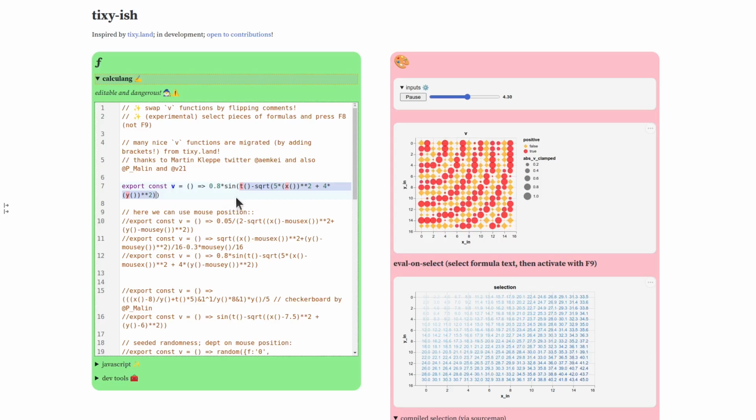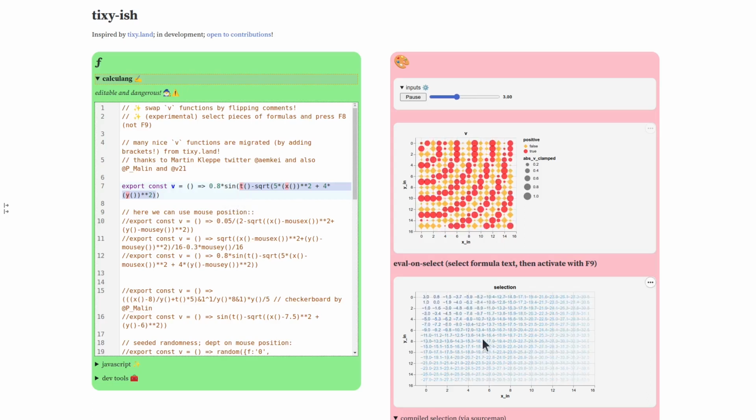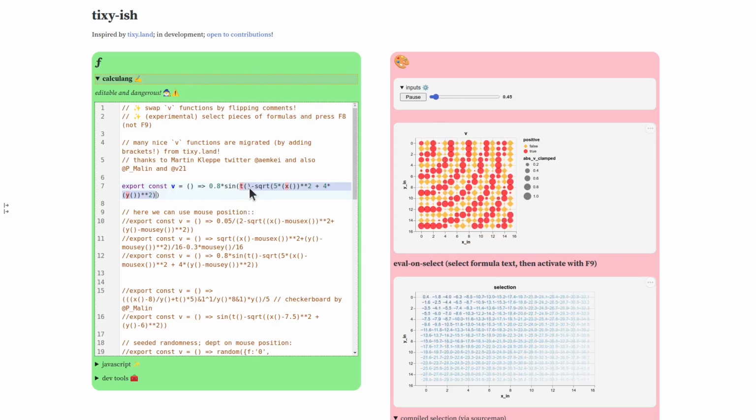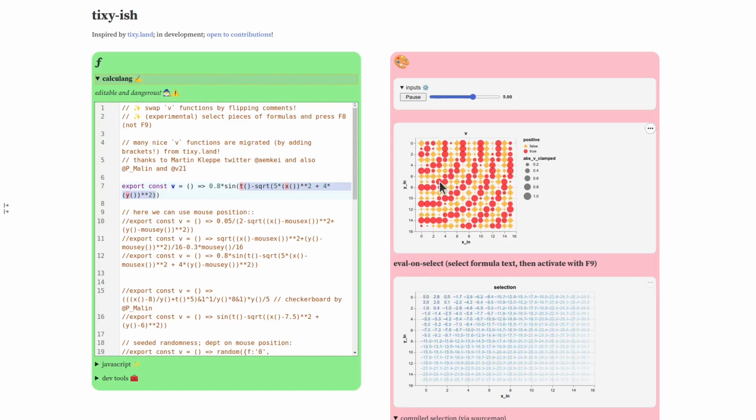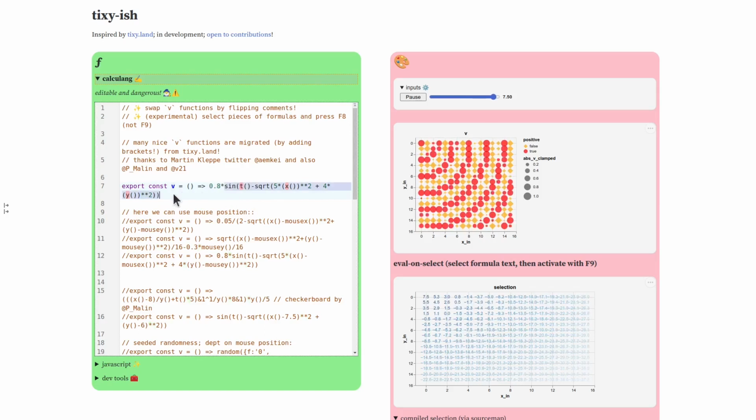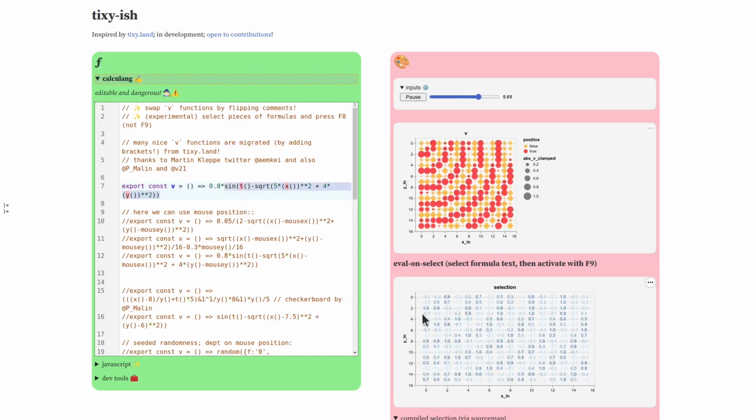And if we evaluate what's inside it, it's t minus distance, and that translates into a sine result, which has this wave pattern in it.